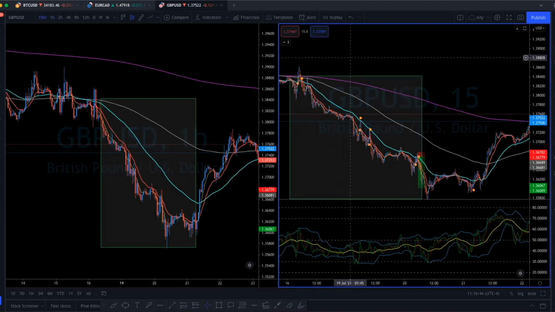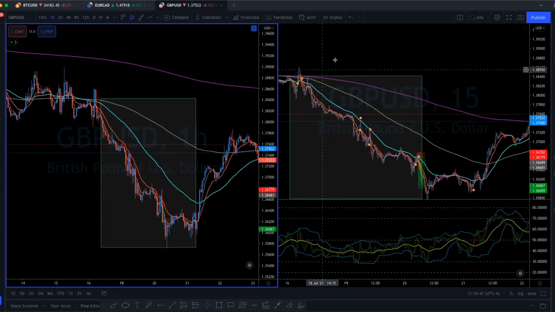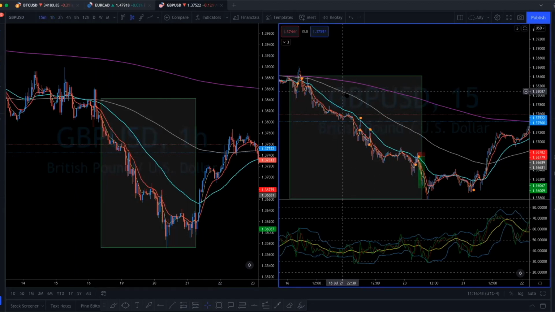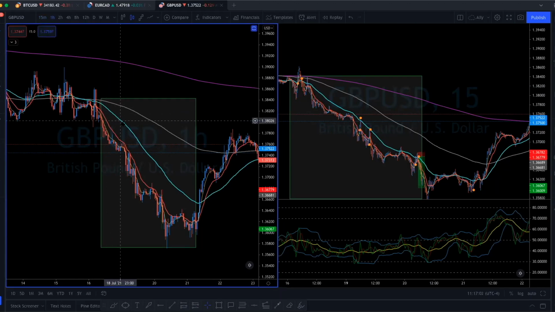This is a 15-minute chart, and this is the 1 hour chart. Look at the 200. The 200 is above price. This 200 line represents the 50 EMA on a 1 hour chart. If you look at the 1 hour chart, the 50 EMA, this is what that 200 is representing.